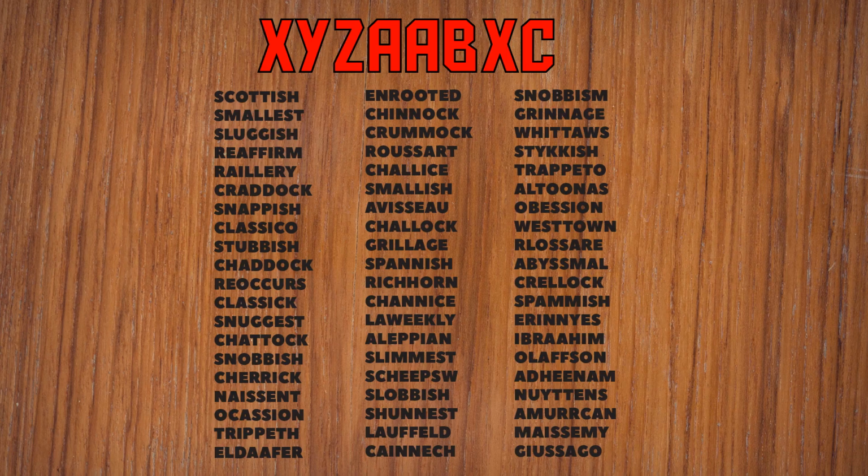So a few of these could be something to look at, like smallest could be a word in a puzzle. Slimmest as well. Obviously a lot of these are kind of outlandish. They might be a little bit far off, but it's definitely something to try at this point. Until we get a hint, this is kind of our best bet.